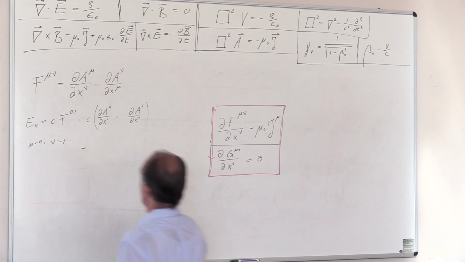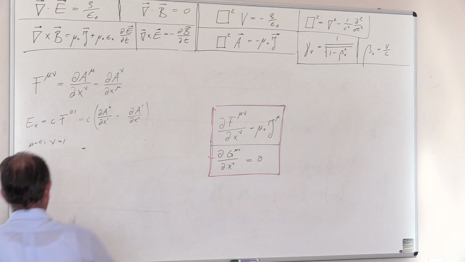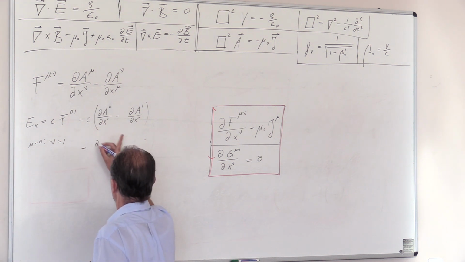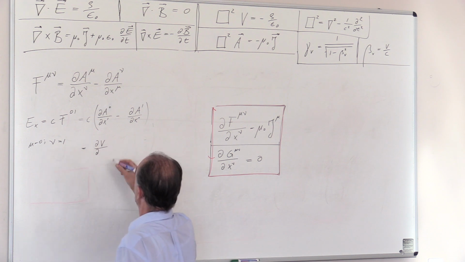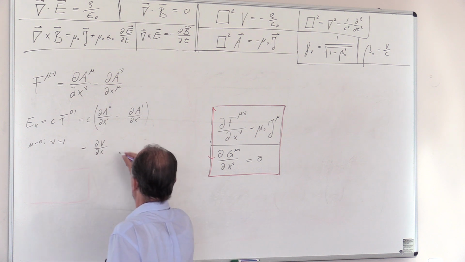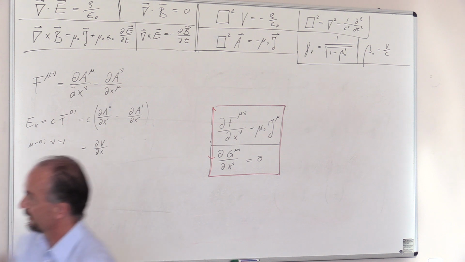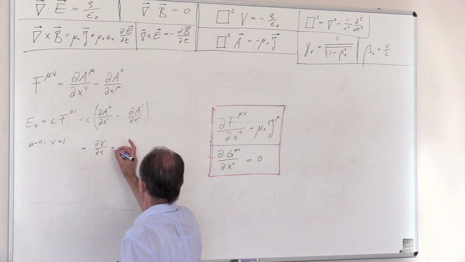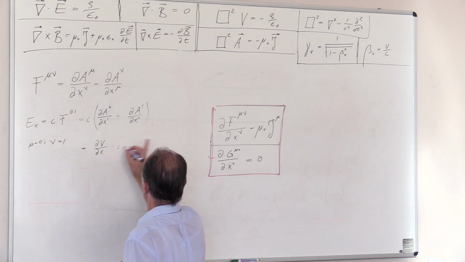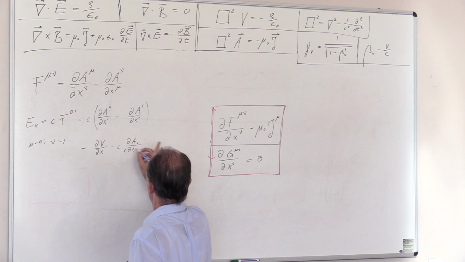What is this? A0 is V over c, and c times that gives dV over dx. And A1 is the x component, so minus c dAx over c dt.